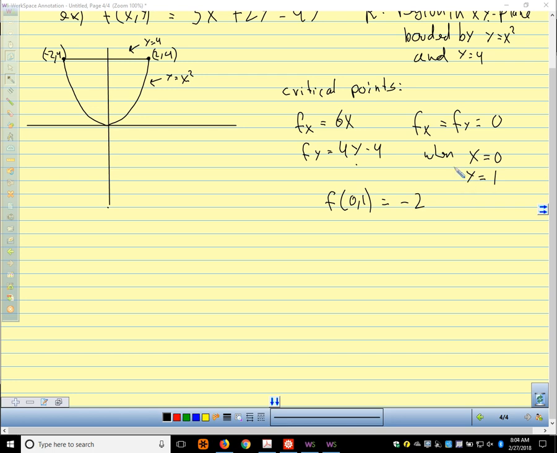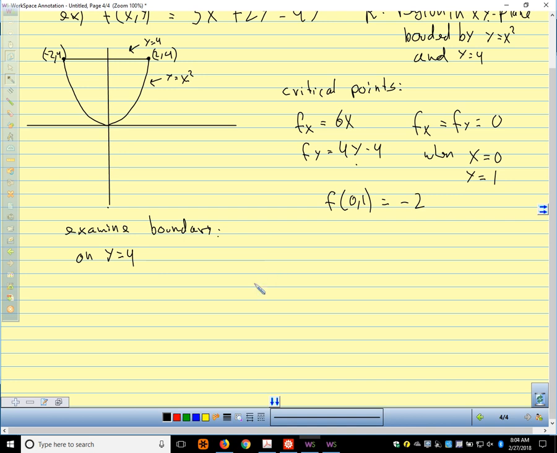All right, let's examine the boundary. Our first boundary is y equals 4.